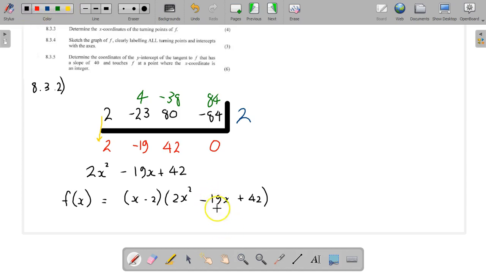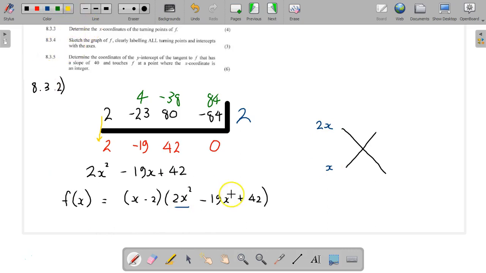So if I wanted to factorize this, step 1, I'm going to draw a cross on the side, and let's look at the factors of 2x squared, and I'll put that on the left side. So 2x and x, so 2x times x gives me 2x squared.